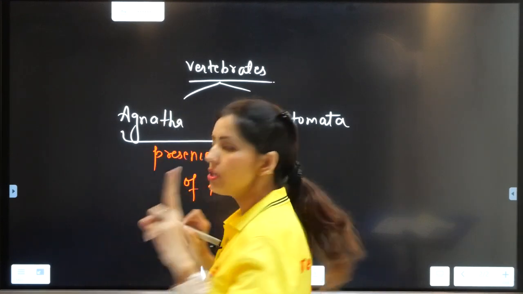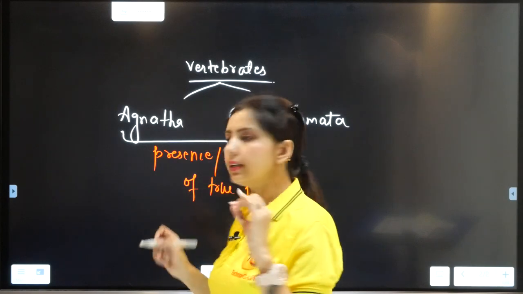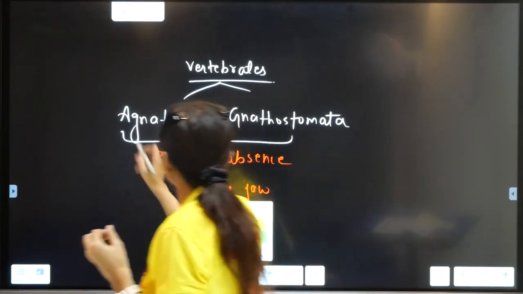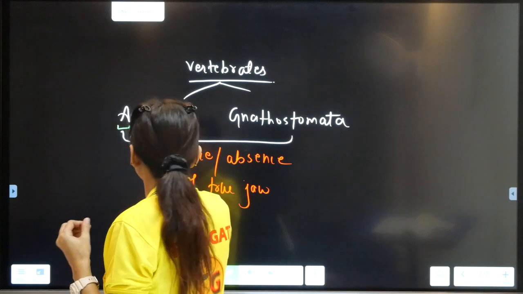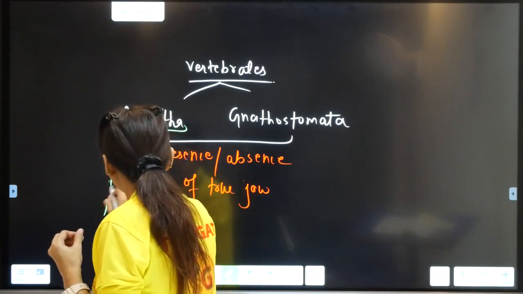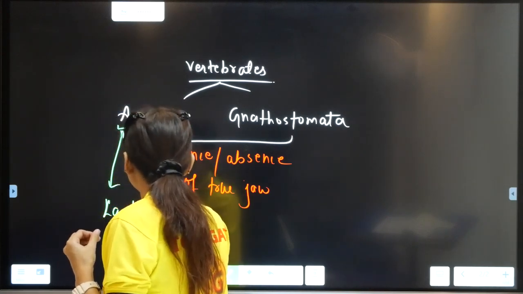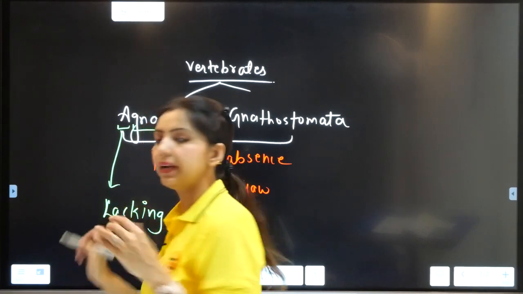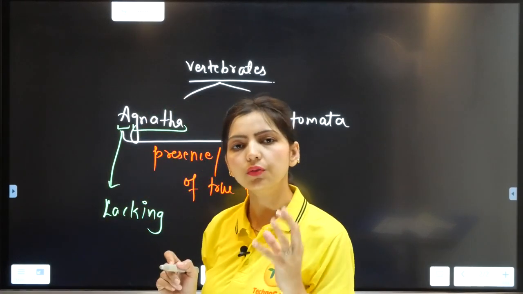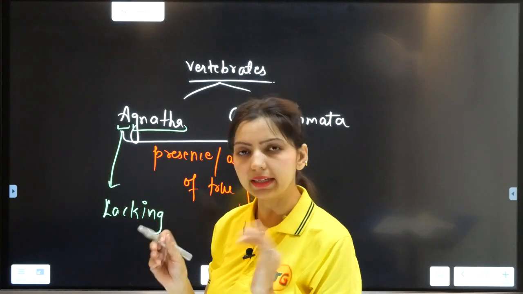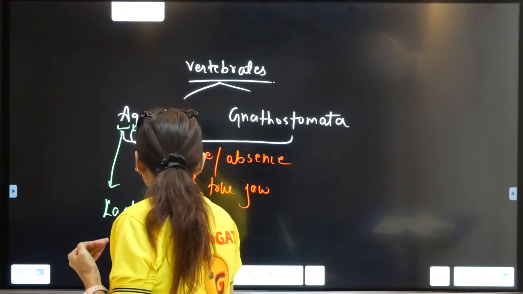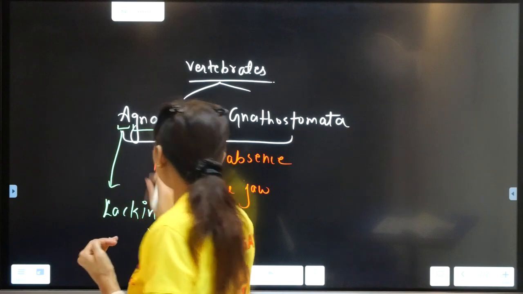That's why there are two classes. Agnatha means what? A means lacking. Wherever you add this A term, it adds a negative sense to that word. So lacking jaw, they are agnatha.